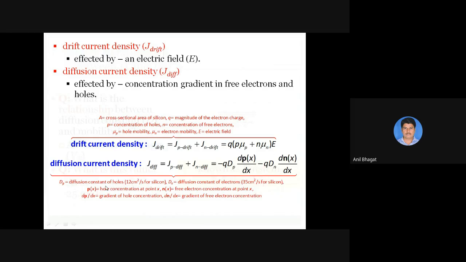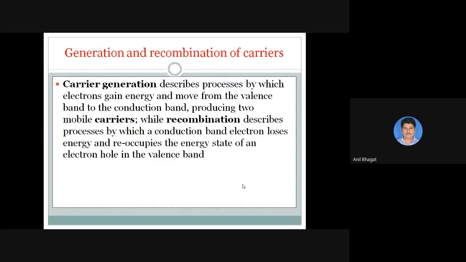This is a very, very important formula, and you can easily solve the problem with the help of this formula. Only one thing changes: you take the individual ratios and subtract them from each other, and you will get the diffusion current density.